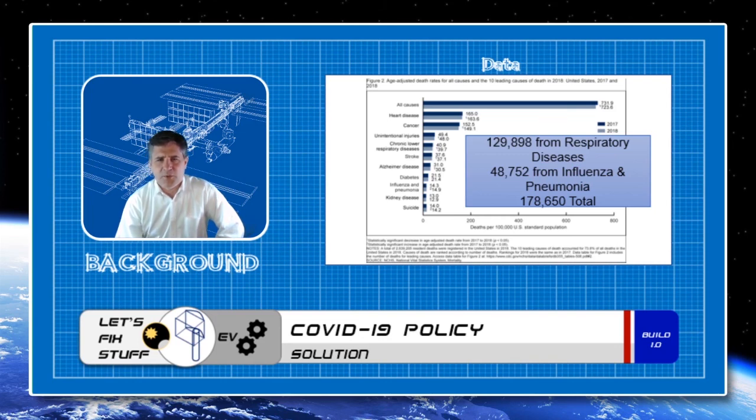So I just want to make sure we put this in context, and we don't know what the figures are for these other illnesses, respiratory disease and influenza and pneumonia, in 2020.